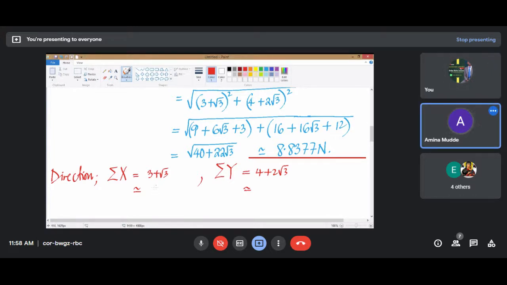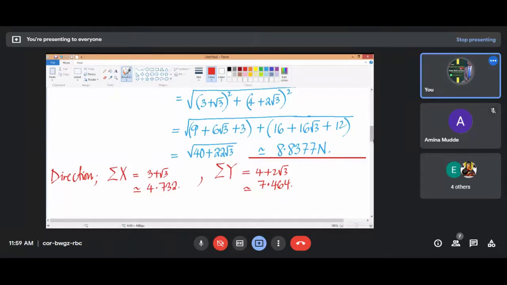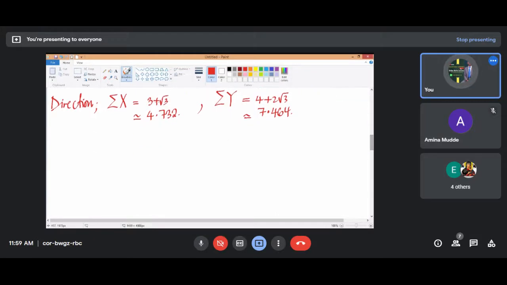Summation of x, 4.732. Good. Then summation of y, 7.464, also positive.